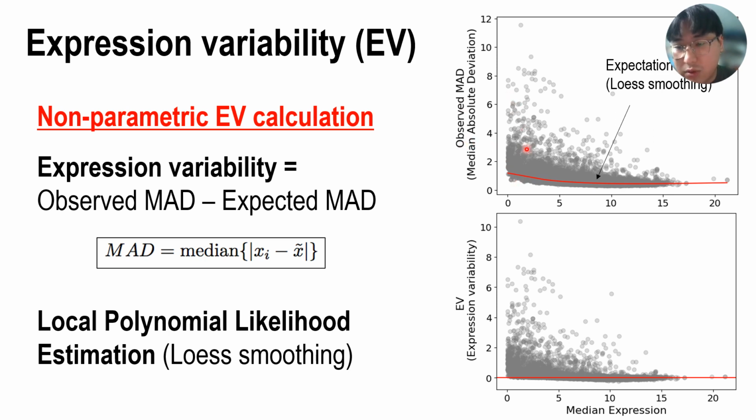The residual, or the deviation of these two, is the expression variability, and EV should be 0 if the expected is the same as the observed.